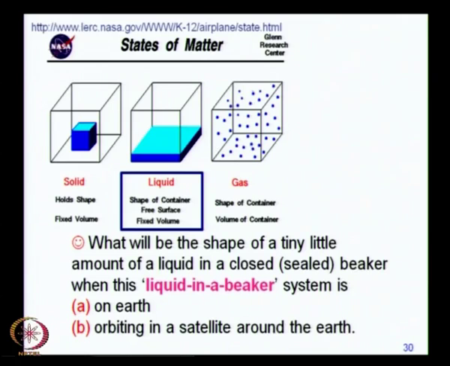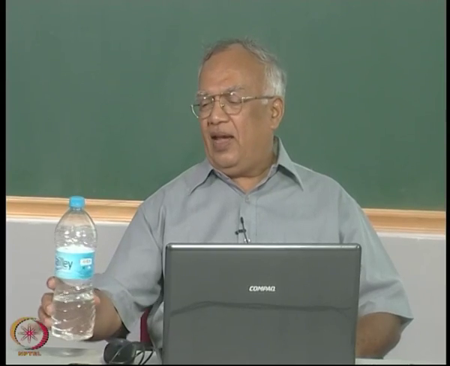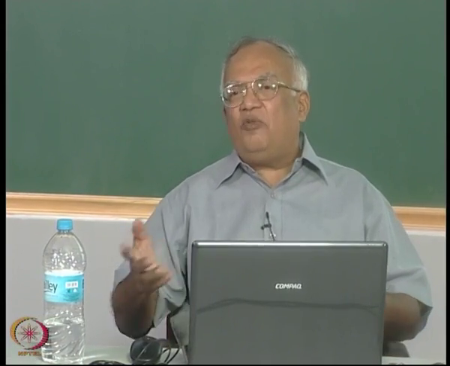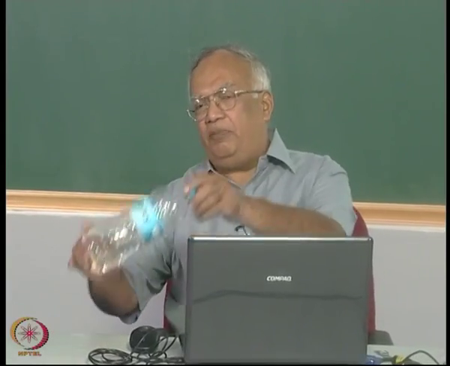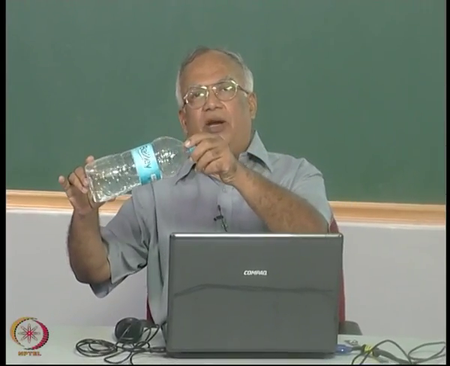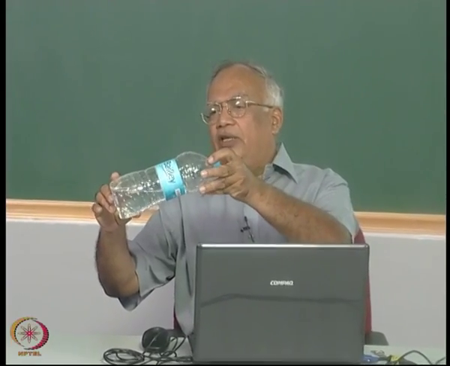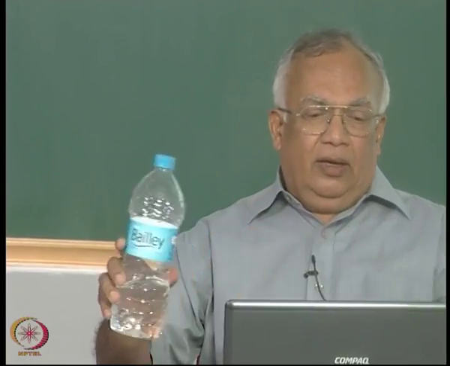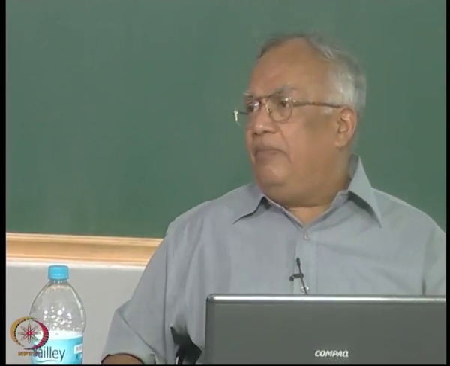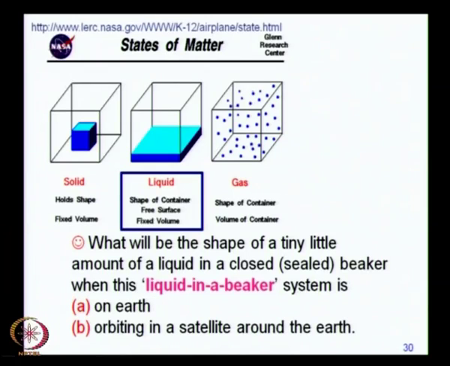So, if in a satellite, if you again have a liquid and then you keep it on a table and you ask the same question, what will be the shape? Will it be as you see it over here? If you tilt it, you see how the shape changes. Can you get it in the camera? Right? And now it continues to have a free surface, right? Will the shape be the same if the same experiment was done, not here on earth?